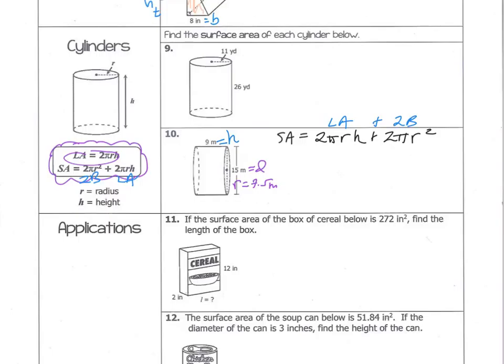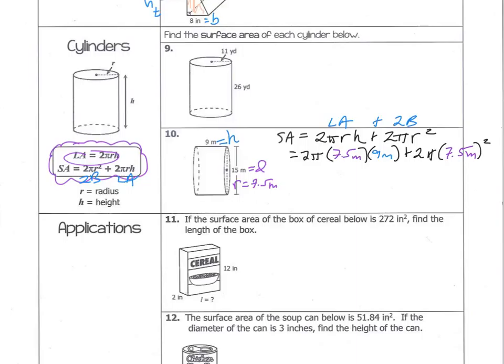I'm going to plug and chug. Don't do it yet because you don't know what answer I want. So we're going to put in our radius of 7.5 meters times my height, which is 9 meters, plus 2 pi times my radius of 7.5 meters, and that is squared.